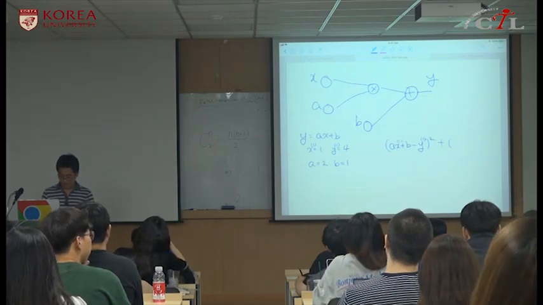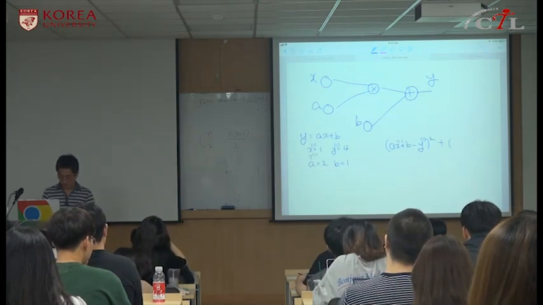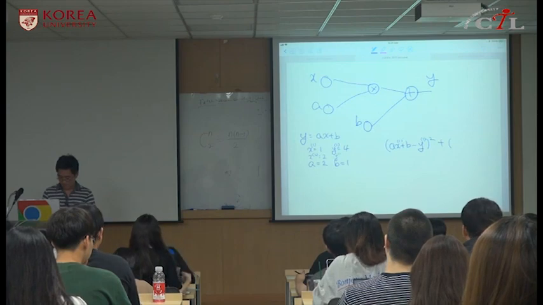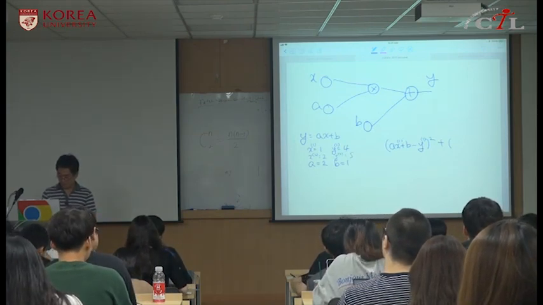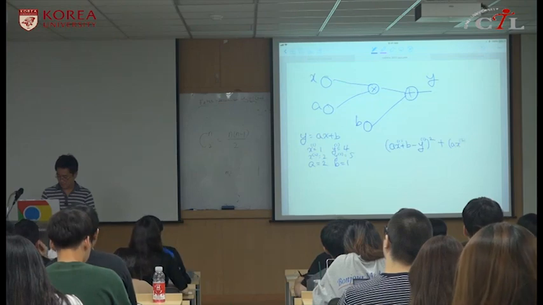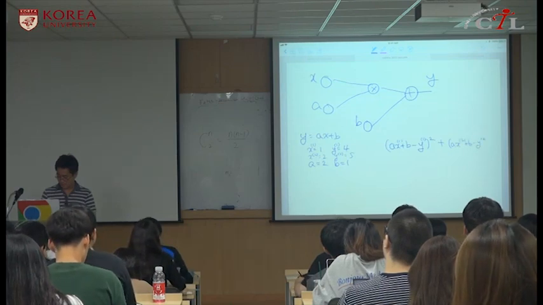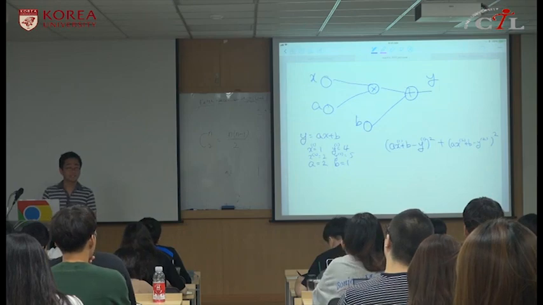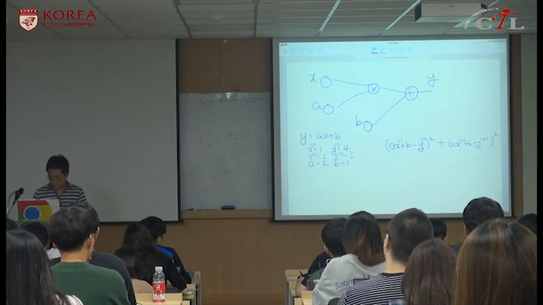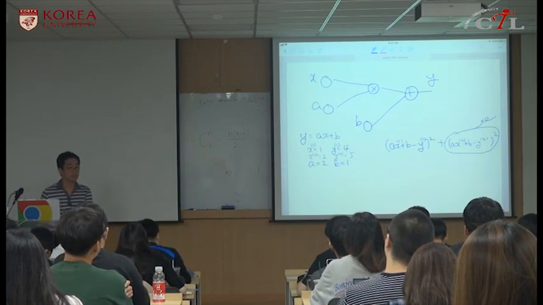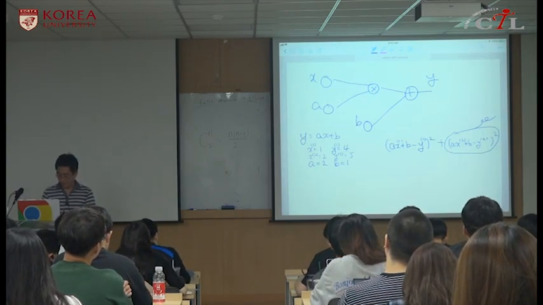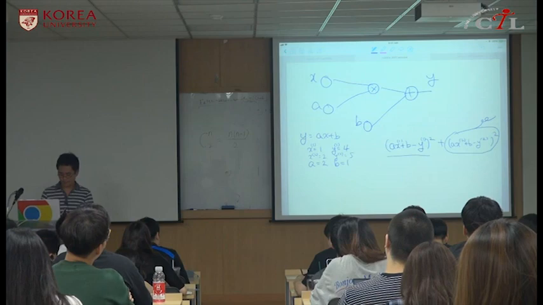If we have another example like 2 and maybe 5, then our loss function can be represented as this. But let's just consider the simple case of having a single data item.